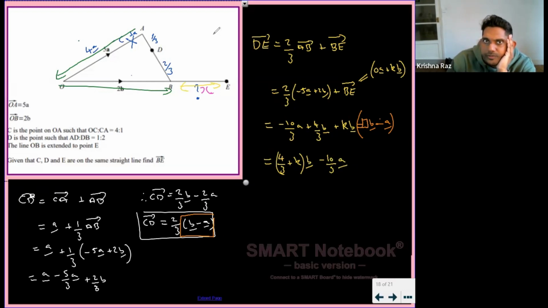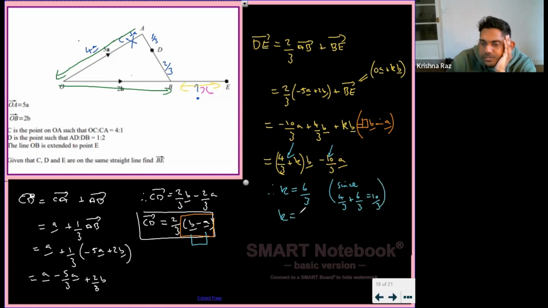So if we look, we have a 1-to-1 ratio here, but one is the negative of the other. So this has to add up to 10 over 3, because that is 10 over 3. So therefore, K has to equal 6 over 3, since 4 over 3 plus 6 over 3 is 10 over 3.